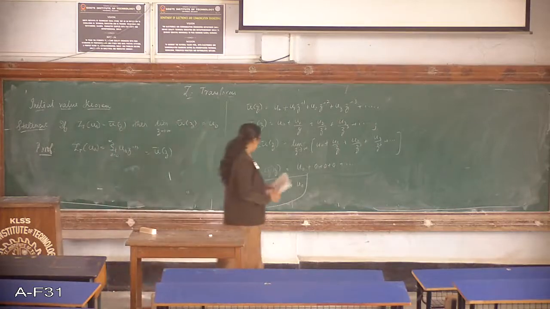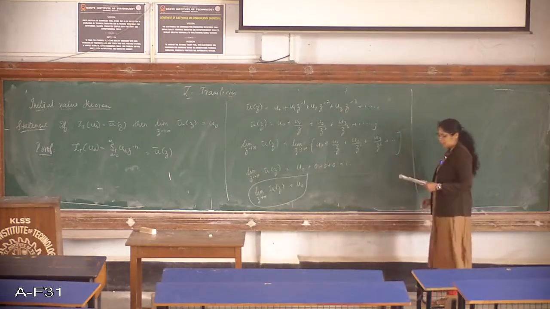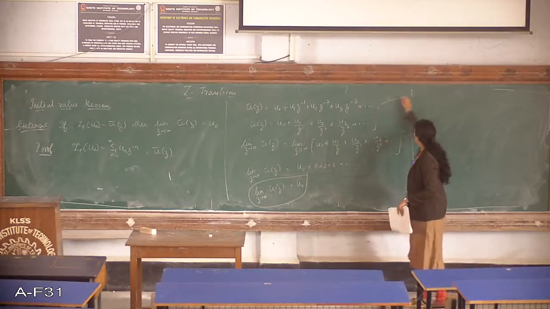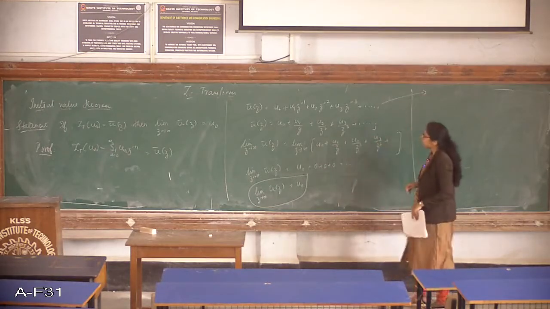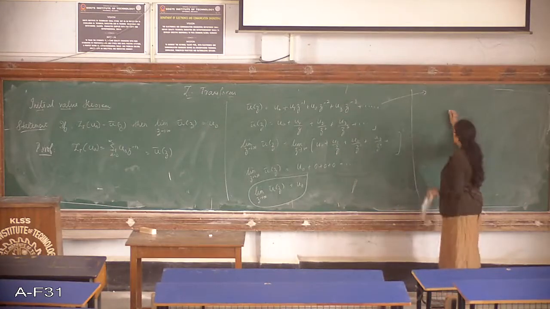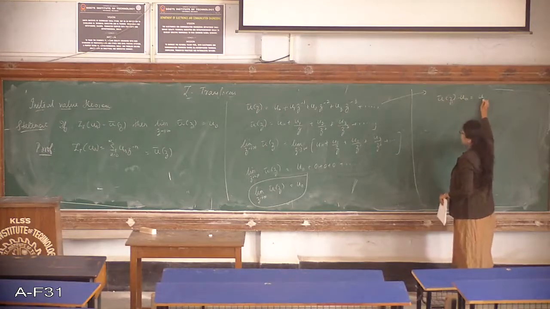Now, if you want to, we can further find out how u1 can be written, right? Now, let me go for this particular part, okay? With this we end the proof for it. Now, let me find out what can be u1. So, if I go for this definition, I'll get U bar of z minus u0 will be equal to u1 by z, okay?